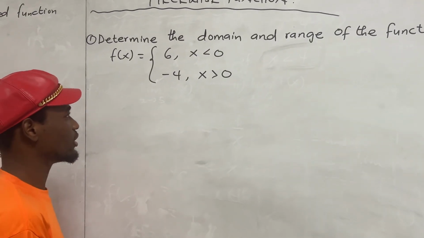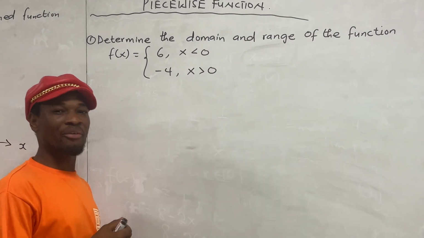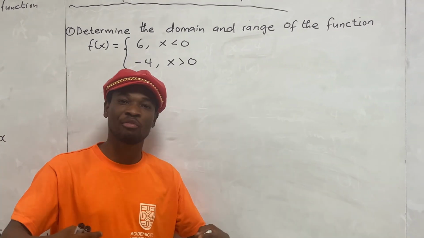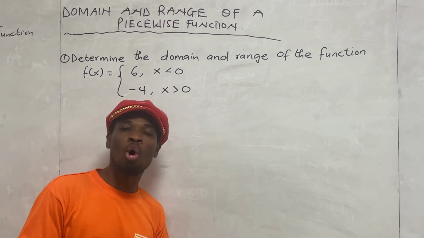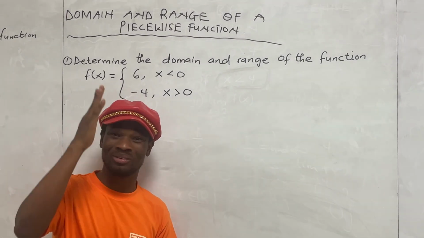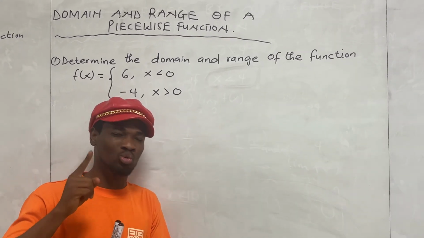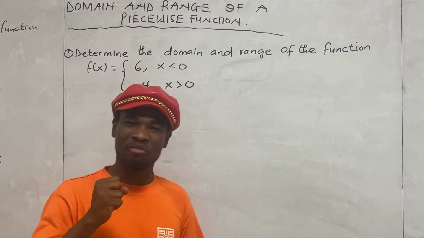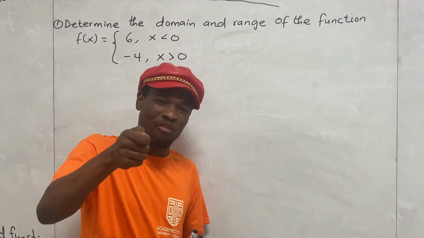Now viewers, you can write domain and range offhand when you do it for so long, but it is always advisable to graph them, and that explains why I did thorough tutorials on the graph of piecewise functions.